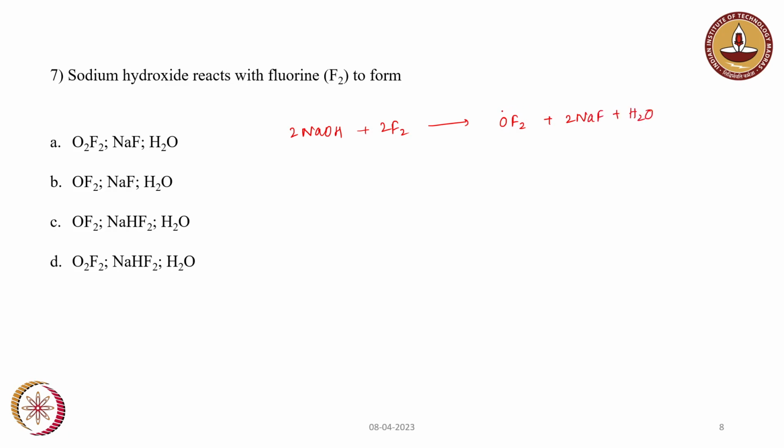So in OF2, oxygen is in plus oxidation state and fluorine is -1 oxidation state. Since fluorine is highly electronegative, that's why oxygen is in positive oxidation state. So the answer is option B, OF2, NaF and H2O.